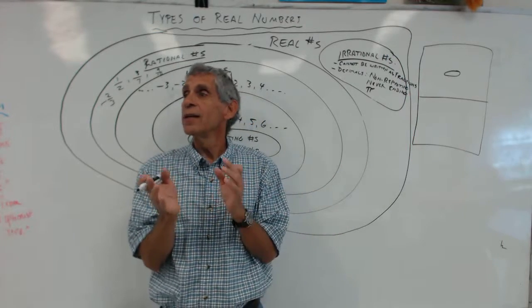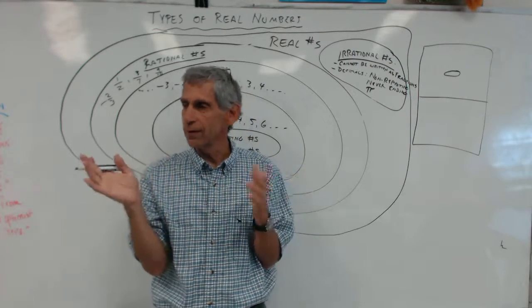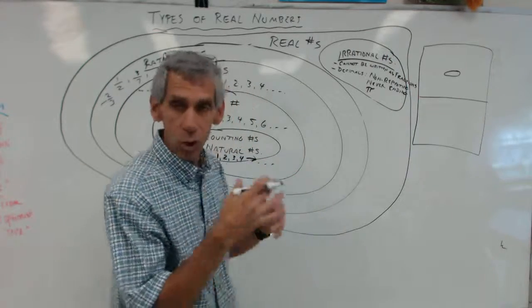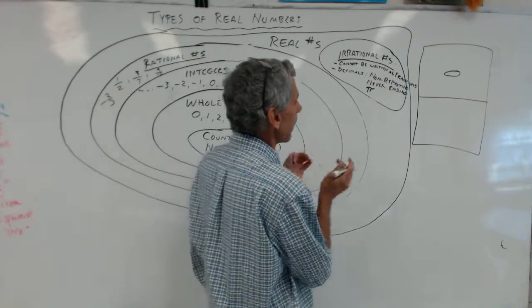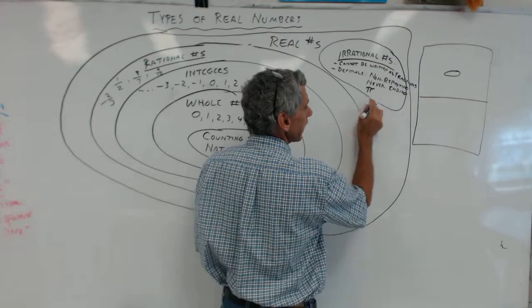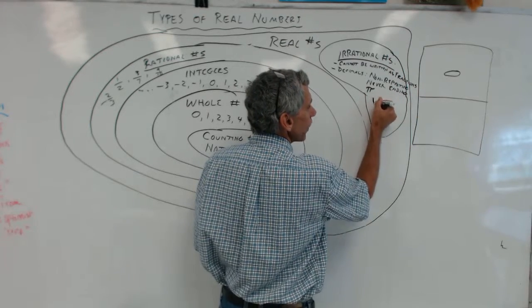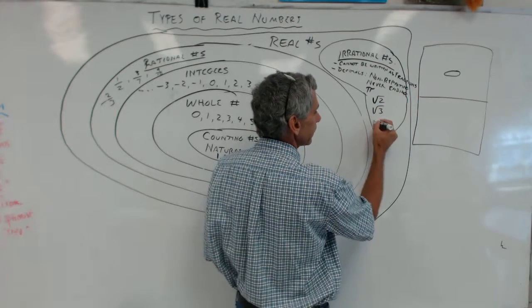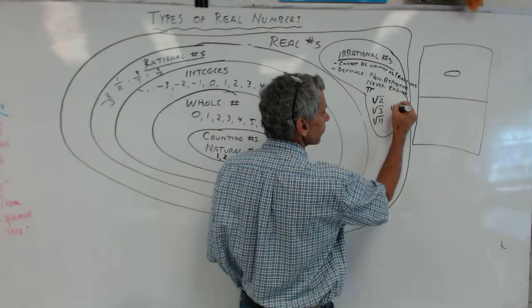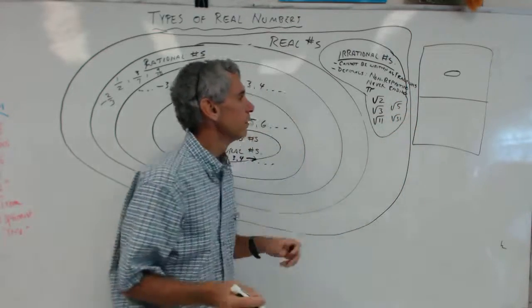But 4.612398743, just no repeating at all in any particular order, that would be irrational. Other examples of irrational might be the square root of 2, the square root of 3. A lot of the square roots are examples. Square root of 11, the square root of 5, the square root of 31. All those.